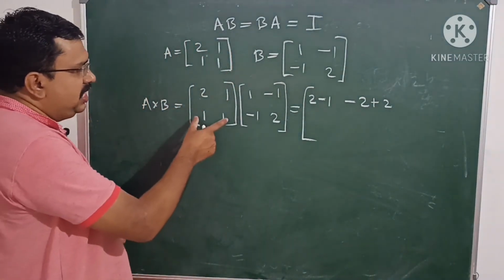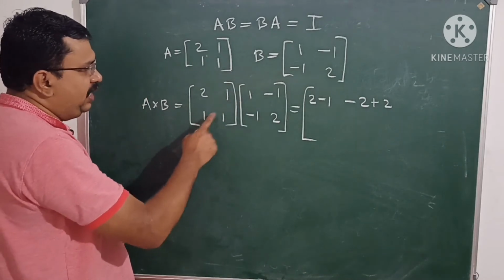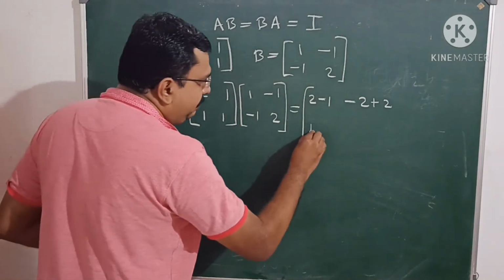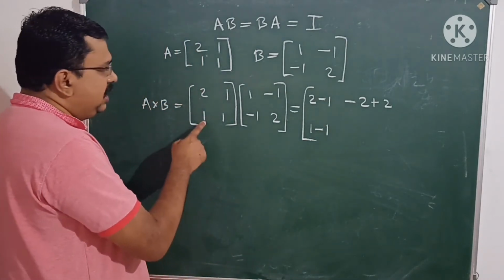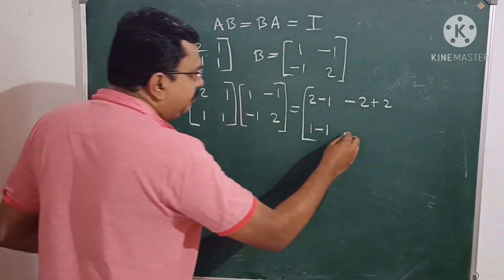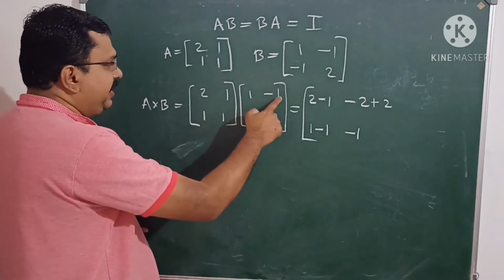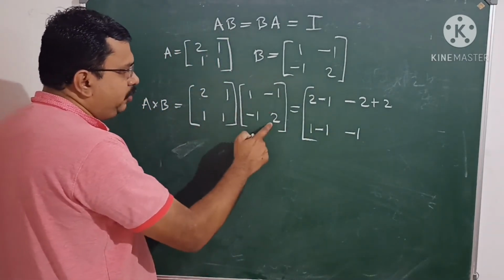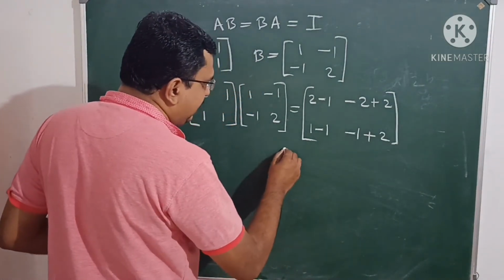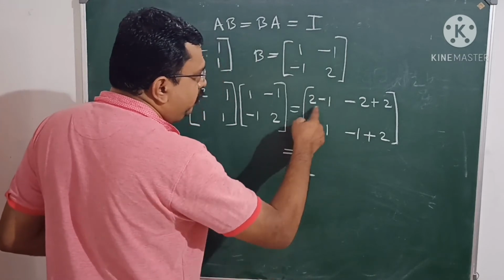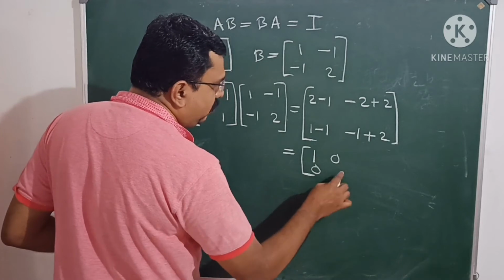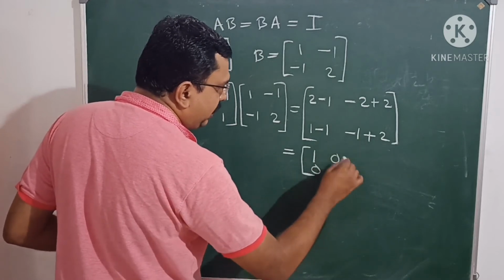Next, second row into first column: 1 into 1, 1, plus 1 into minus 1, minus 1. Next, second row into second column: 1 into minus 1, minus 1, plus 1 into 2, 2. That is equal to 2 minus 1, 1; 0, 0; minus 1 plus 2, 1.